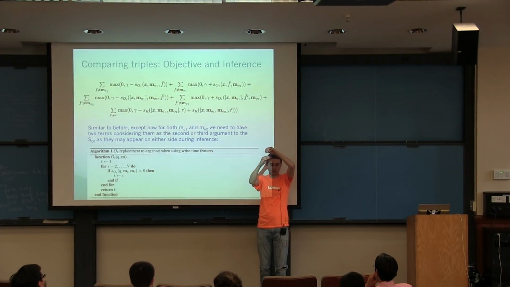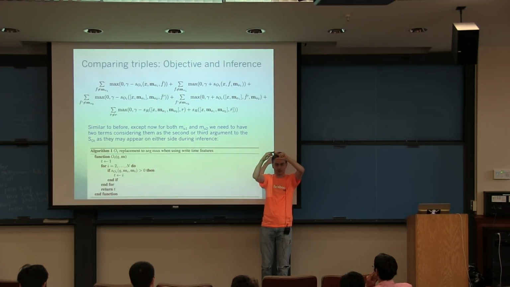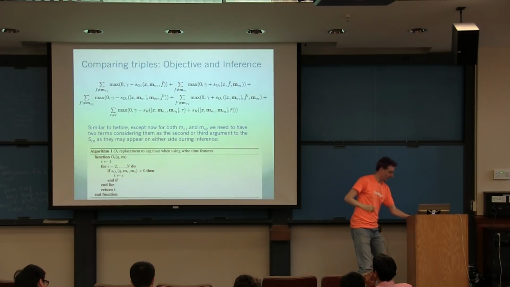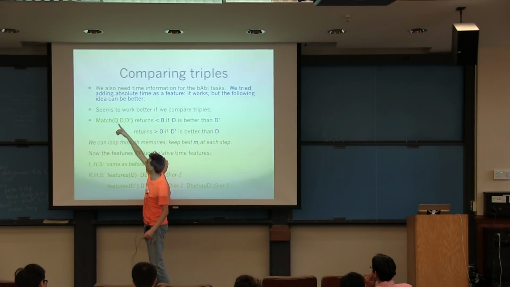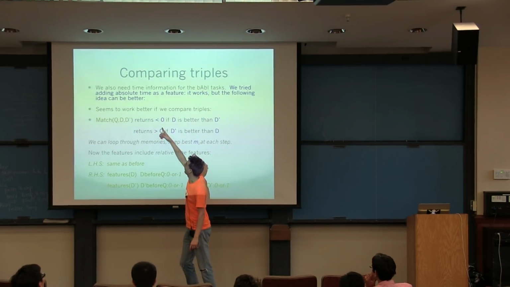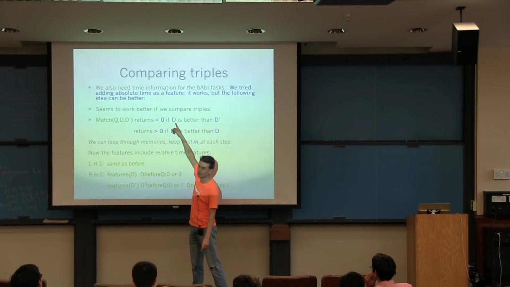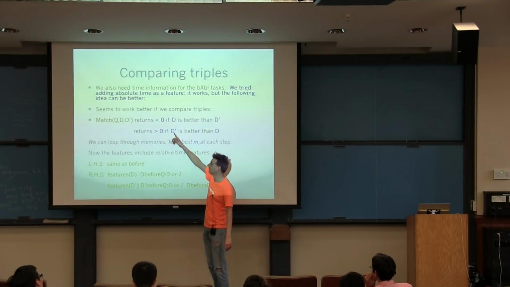Now take the second one, and the first two memories versus the question, that's a triple, battle against each other. When you go through this function that matches Q, D, and D prime, we want its value to be less than 0 if D is the winner, and greater than 0 if D prime is the winner.